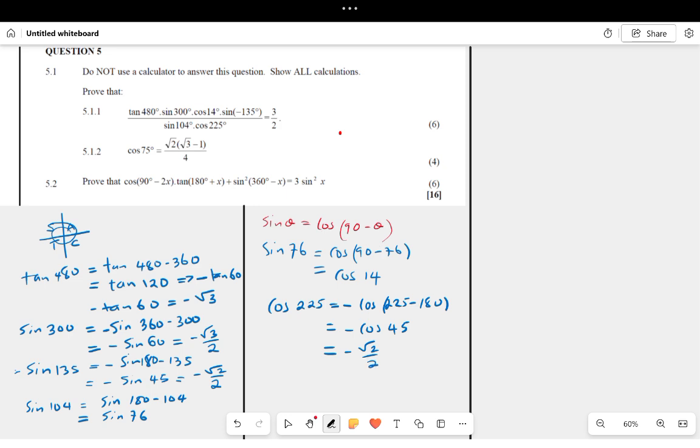Now, let us solve the equation in its entirety.